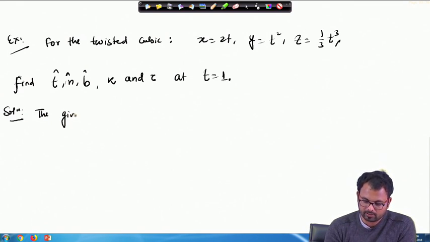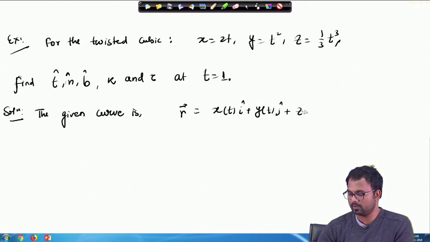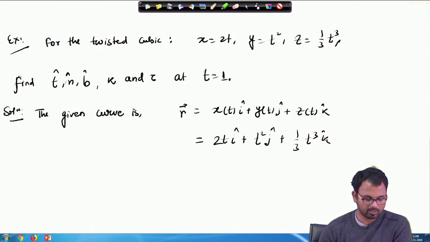The given curve is r equals x(t) i plus y(t) j plus z(t) k, right. So, r(t) is 2t i plus t squared j plus 1 by 3 t cubed k.